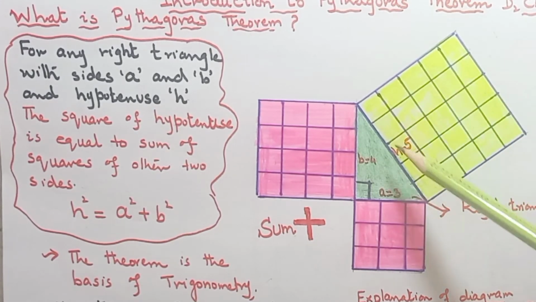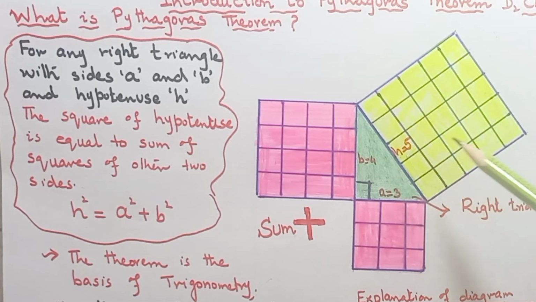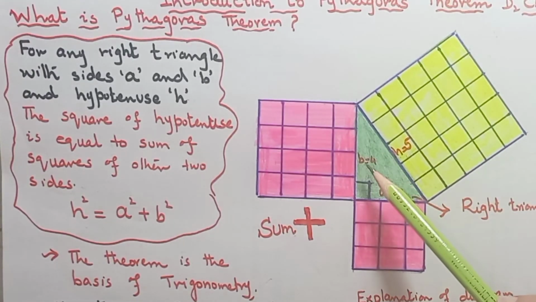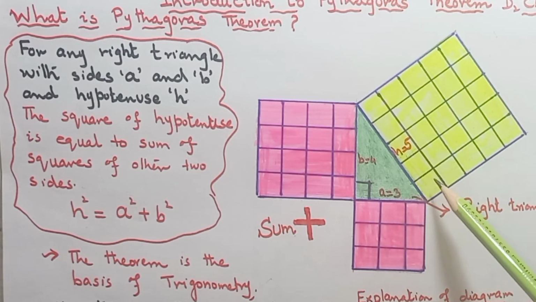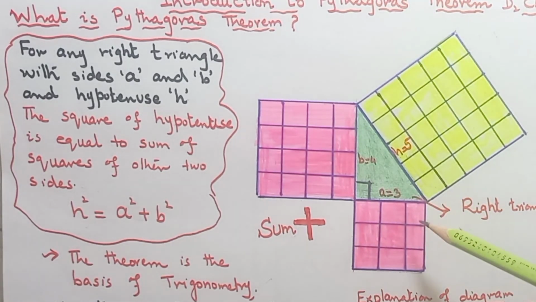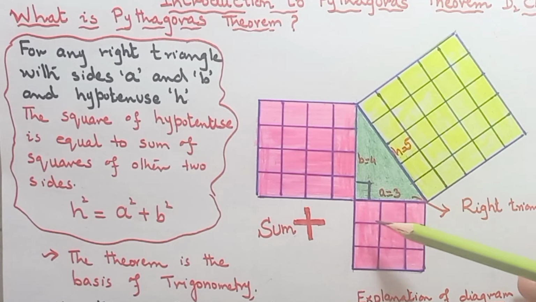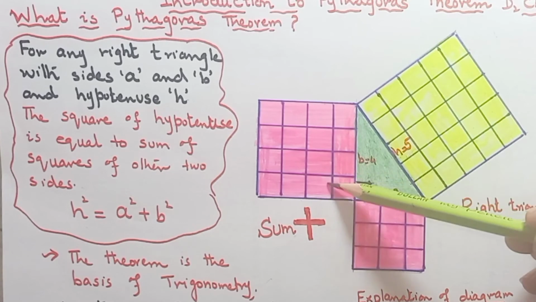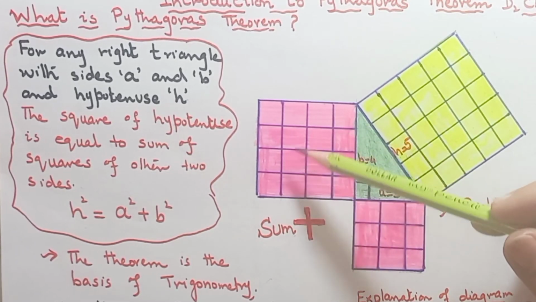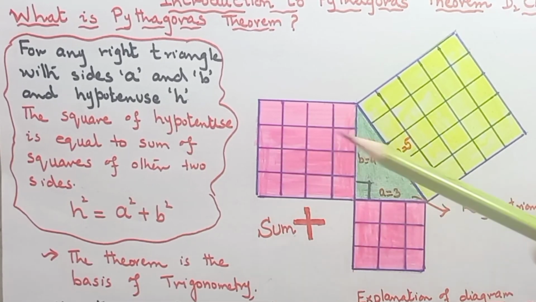Now if this answer comes the same as the sum of squares of the other two shorter sides, that means the theorem will be true. What we have to do is count the number of squares in the base: 1, 2, 3, up to 9, and the number of total squares in the height: 1, 2, 3, up to 16.